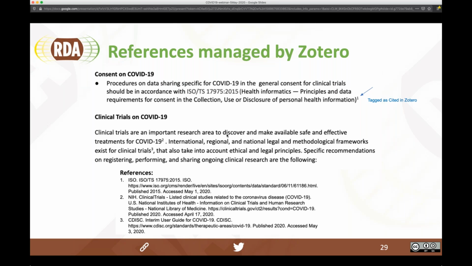So this is what I meant: the recommendations directly cite some resources, and all those references are in the Zotero Library, and then we put a cited tag there just to help ourselves. So next slide.